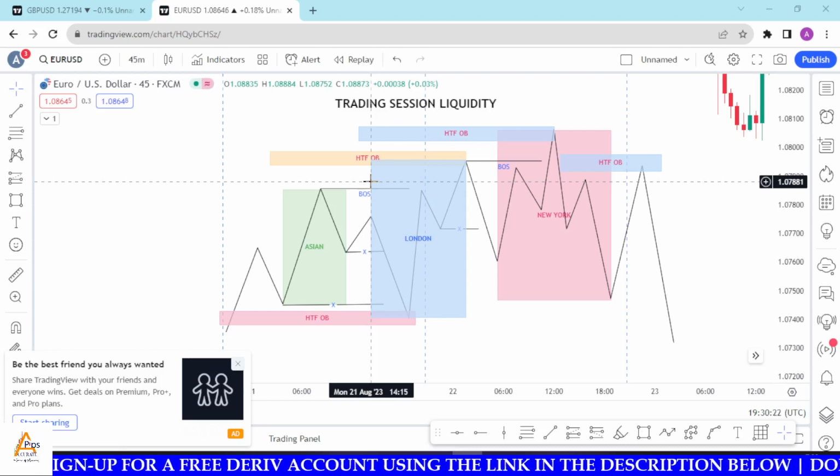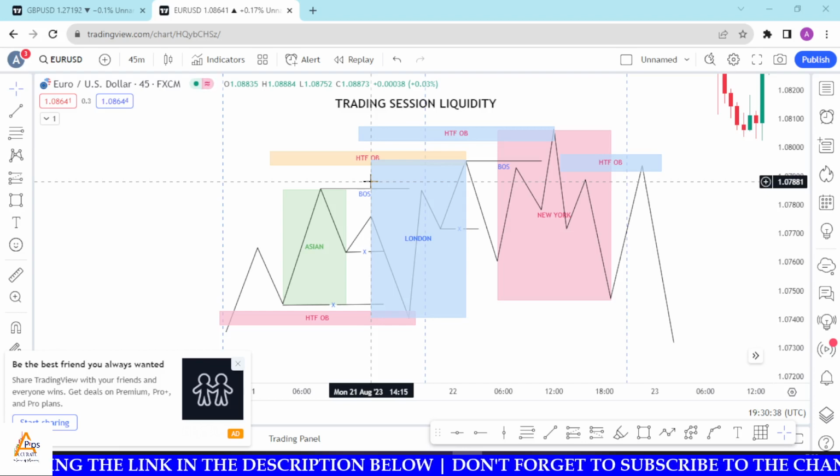People use breakouts, people use them as support and resistance areas, and people wait for a breakout and retest to buy or sell during these sessions. But we are looking at liquidity because we are liquidity traders. We are liquidity inducement traders.